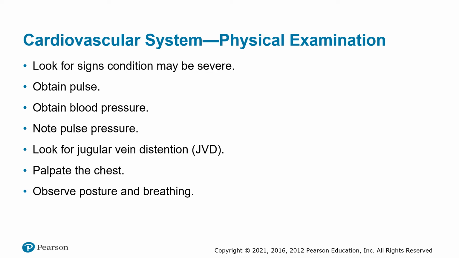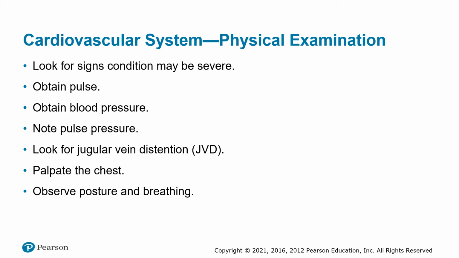In our physical exam, we're going to look for any kinds of signs that the condition may be severe. So pale, cool, clammy skin is like textbook heart attack. Okay, they may be diaphoretic. They may be circling the drain. They may look like they are just absolutely sick. Obtain a pulse, blood pressure. Note the pulse pressure.